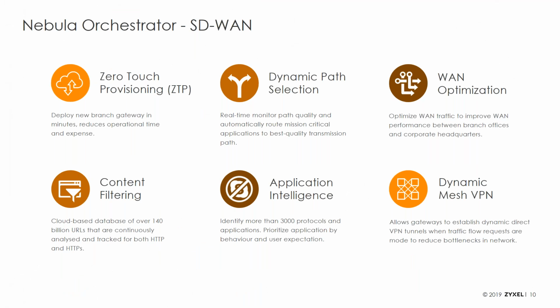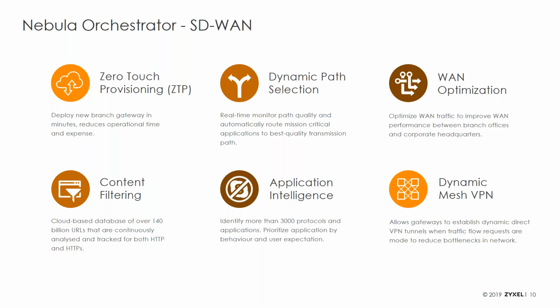Okay, so what can Nebula Orchestrator and SD-WAN do to help with these issues? Just a short summary on what we offer, and then we go into more detail on what each and every one of these features actually does.